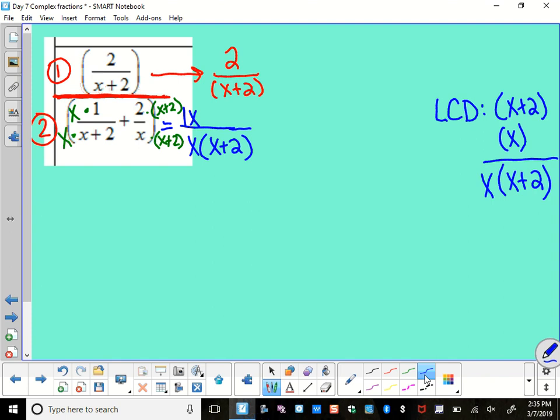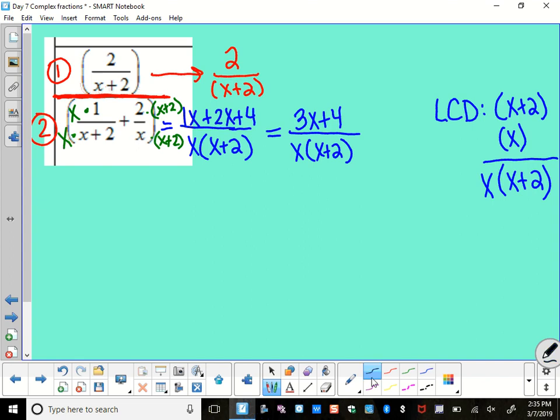So if I distribute that, I'm left with 2x plus 4. I can simplify that numerator more. What's 1x plus 2x? So we have 3x plus 4 divided by x times x plus 2.